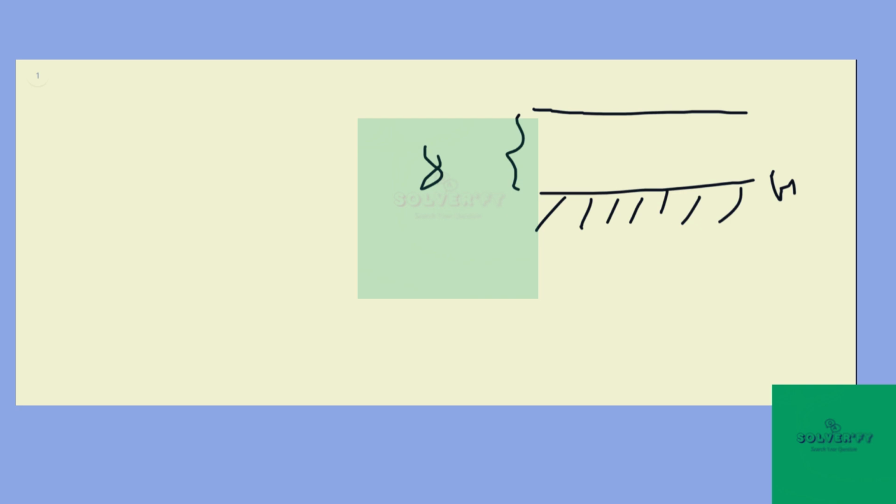So let's imagine that this is the ground level. So this is your ground, it's the G. And let's say this is the transmission line, which is at a distance of 8 meters above the ground. It's given that some amount of current is flowing through this transmission line.